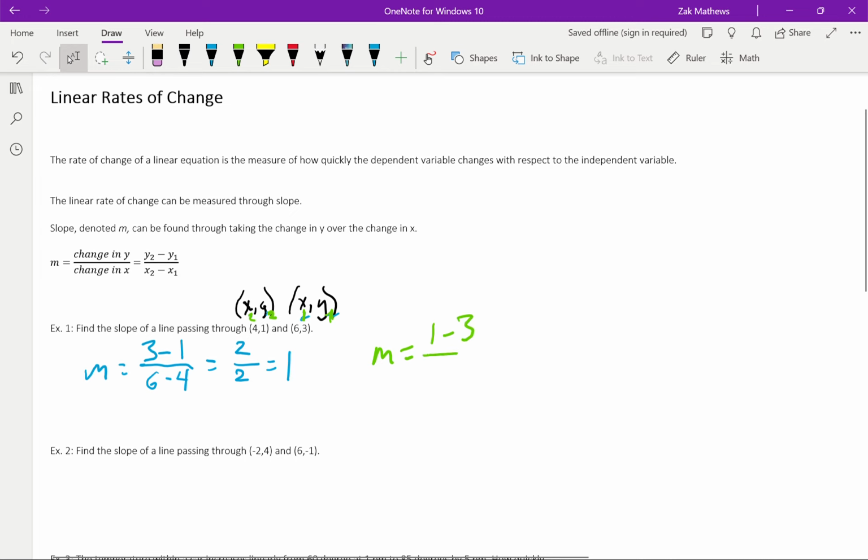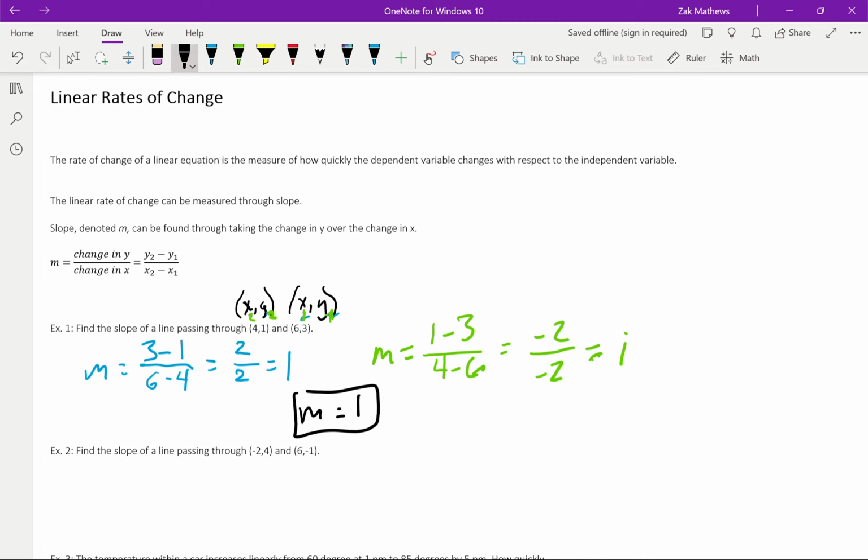On the bottom, I'm going to start with the x2 of 4, and subtract the x1 of 6. 4 minus 6. So on the top, I am getting a different number, it's a negative 2. On the bottom, I'm getting a different number, it's a negative 2 as well. But guess what? What is negative 2 over negative 2? Because both the numbers ended up at the opposite sign, we end up at the same positive 1. Our slope is equal to 1.